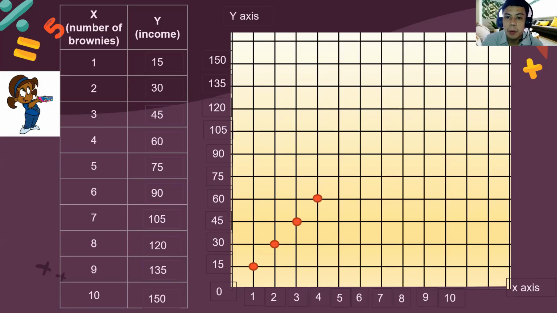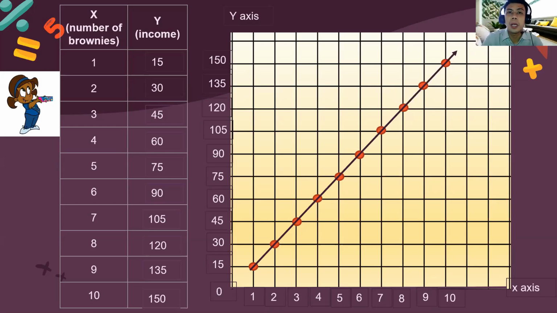So 5 brownies sold, she has already 75 pesos. 6 brownies, 90 pesos. 7 brownies, that is equal to 105 pesos. 8 brownies, that is 120 pesos. 9 brownies, that is 135 pesos. And 10 brownies, that is 150 pesos. Okay, as you have noticed, the graph is increasing, right? So if you connect the points, the more brownies sold, the more income she has.